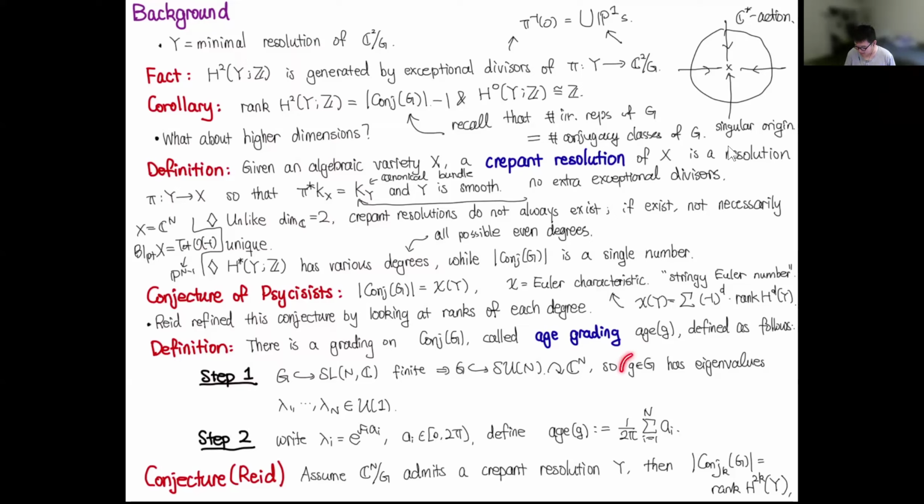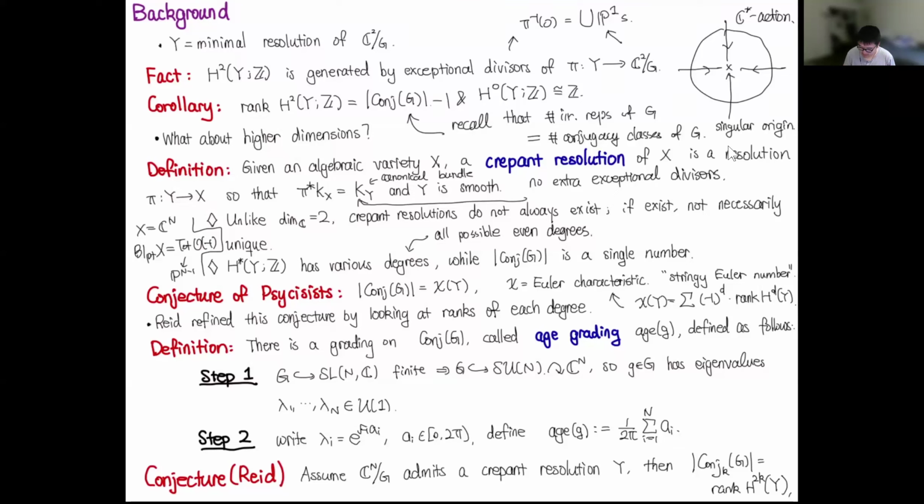Any element gives you a bunch of eigenvalues from λ1 to λn. And each eigenvalue lies in U(1) because we implicitly embed G into some special unitary group, which is always possible.